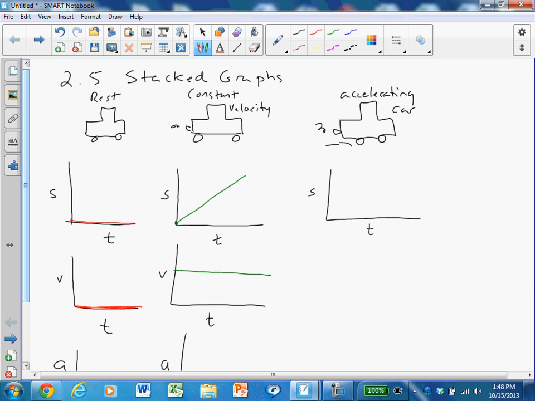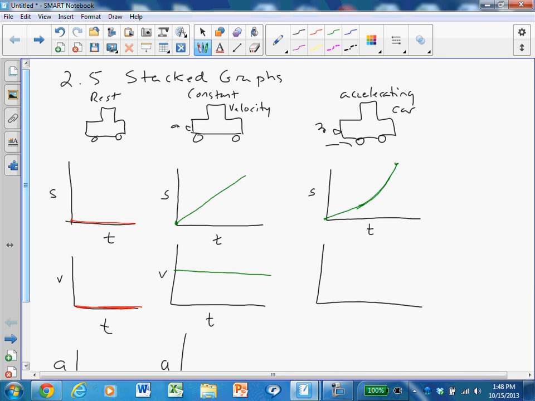So since it's speeding up, it covers more and more distance as it goes out. So for the first part of the run, maybe it only covered an increase in distance over that amount of time. But the next part, it moved up more of a distance. So it's got a curve shape to it because it covers more change in space with time.